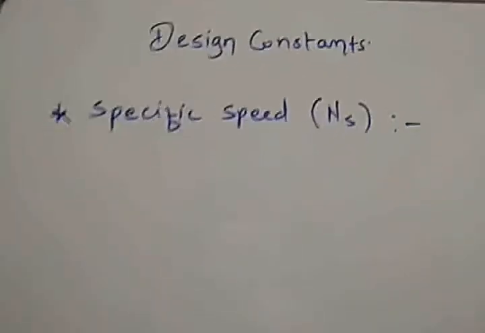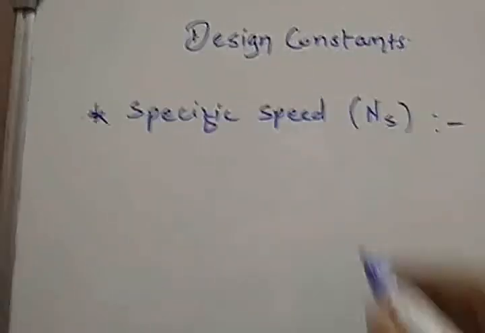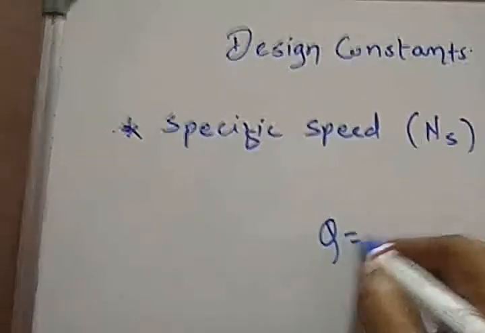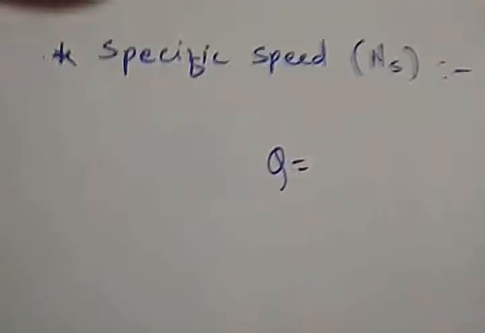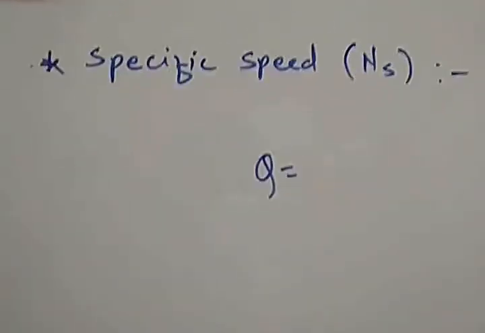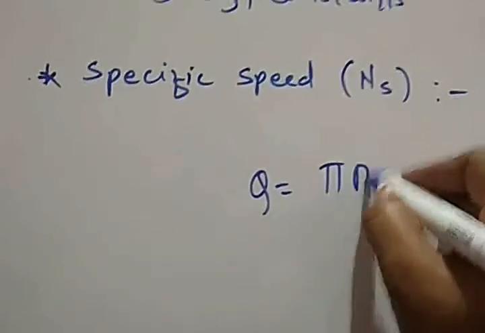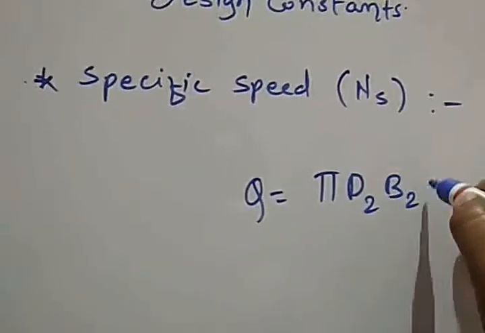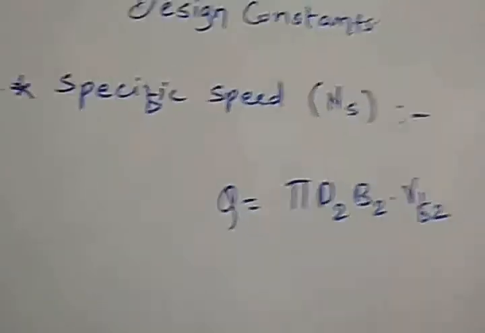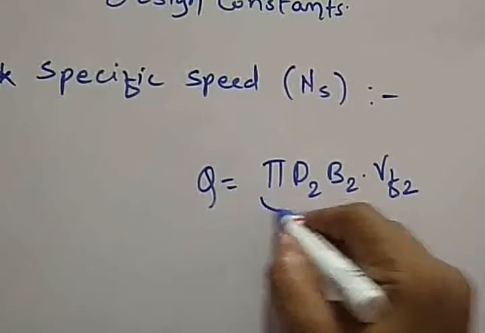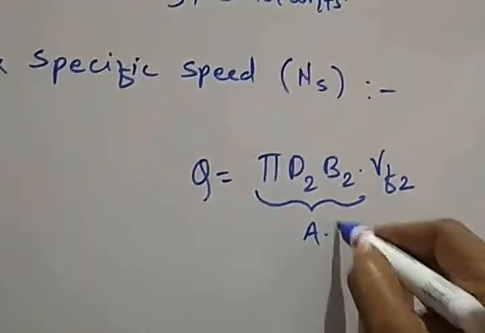Now we know the volume flow rate Q. We will derive the specific speed equation now. Q is given by pi d2 b2 into Vf2, that is the area into velocity. This is the continuity equation.